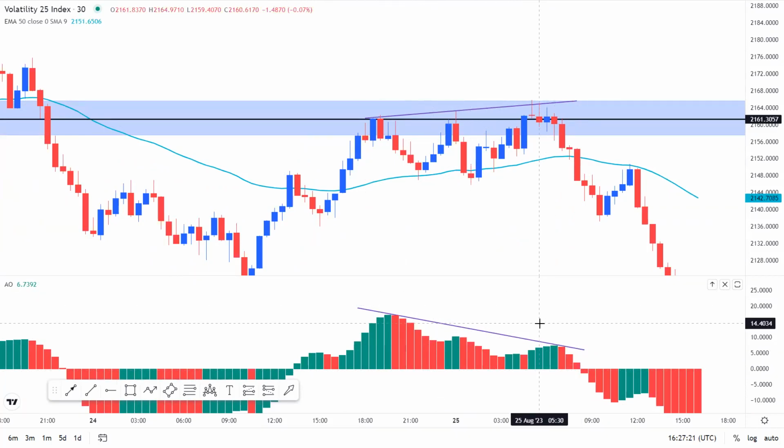And now if you have studied my previous teachings on these concepts, you know very well when once we get to see bearish divergence at a level which is an area of interest, it tells us for a fact that a price reversal is imminent.